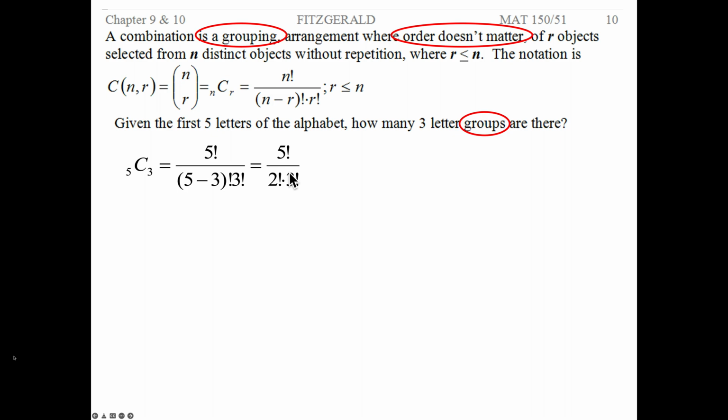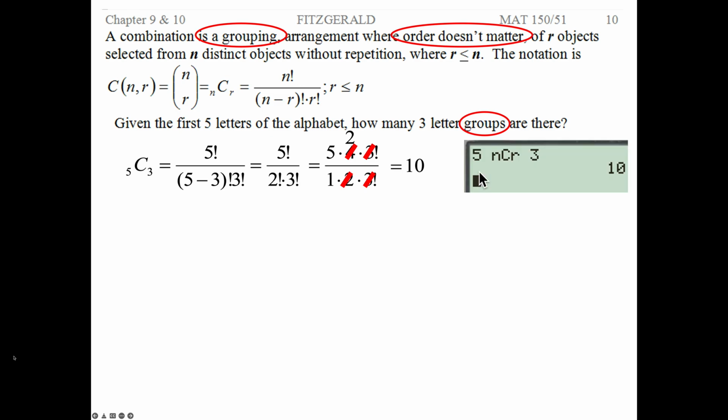If it was an arrangement, it would be 5 factorial over 2 factorial. So start with the 5, start counting down until you hit the biggest factorial on the bottom, match them up so you can cancel them. The 2 will cancel with the 4, doesn't matter which order you cancel in, but this answer is 10.